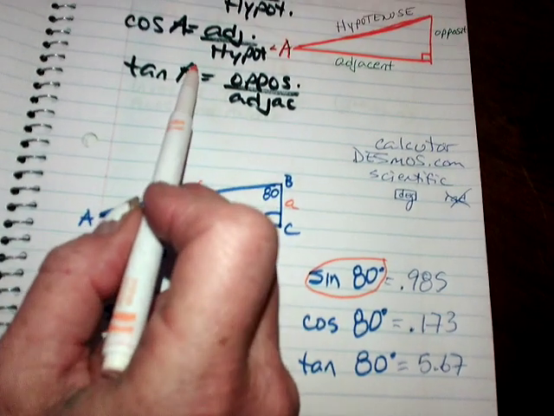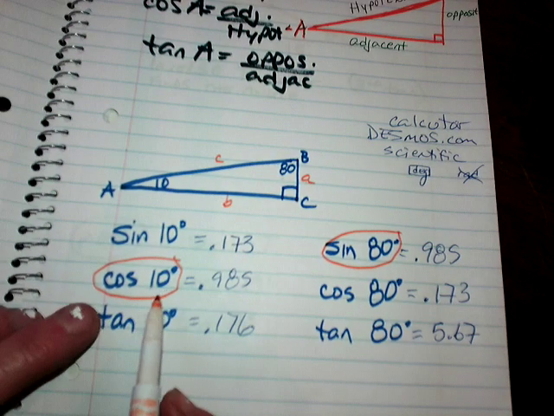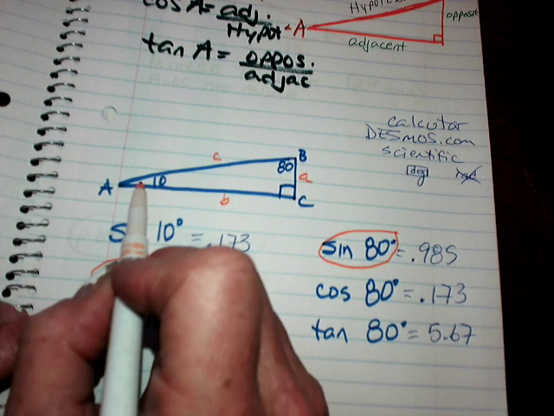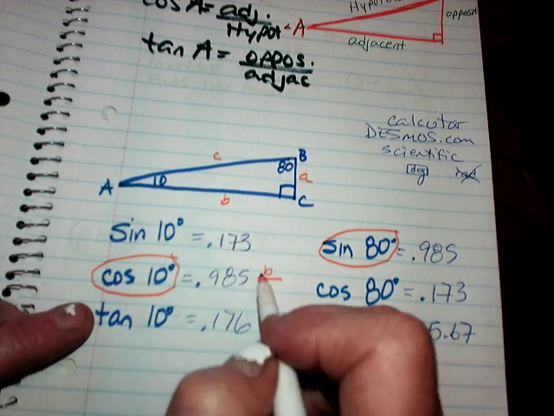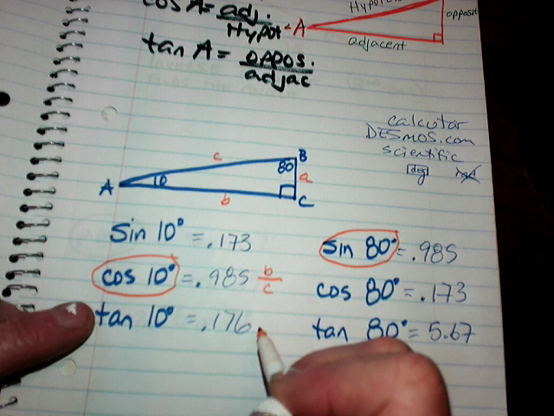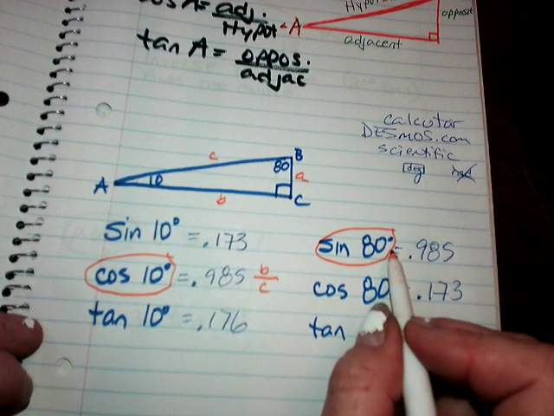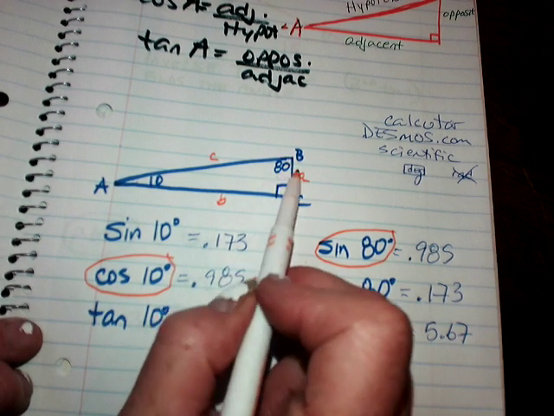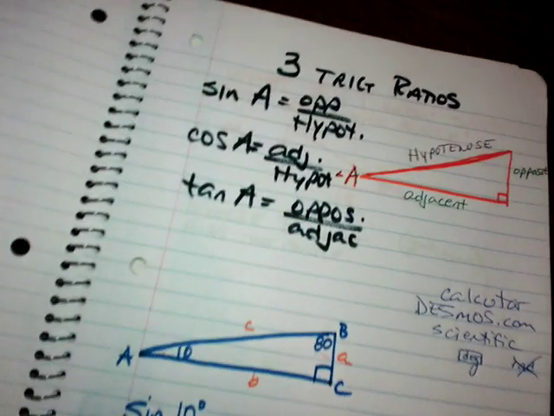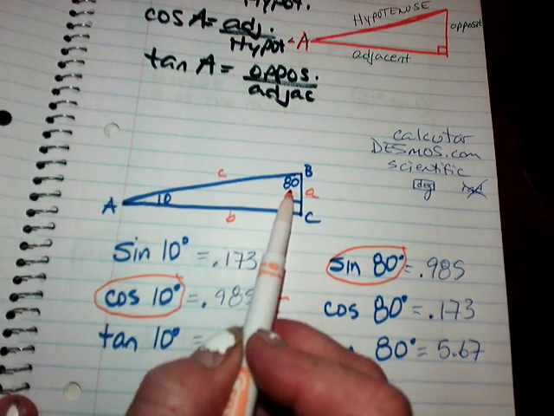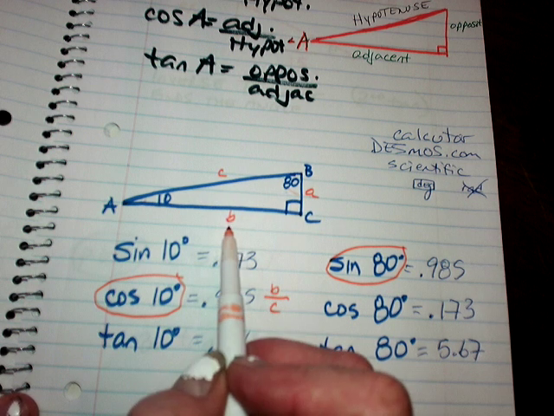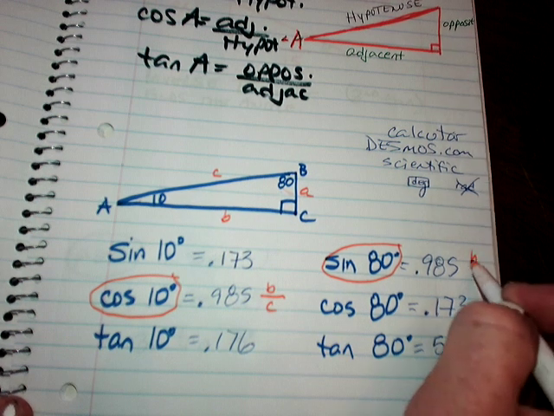Cosine is adjacent over hypotenuse. The adjacent side to this 10-degree angle is b, divided by the hypotenuse c, b over c. What is the sine of an 80-degree angle? The sine is the opposite over the hypotenuse. So the opposite side is b over hypotenuse c, b over c.